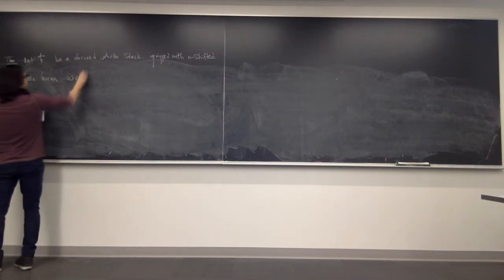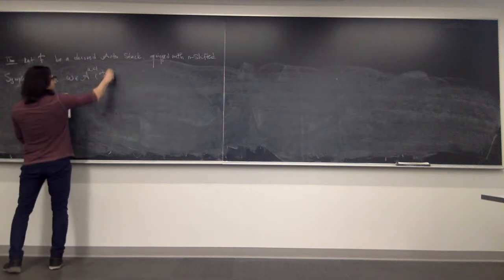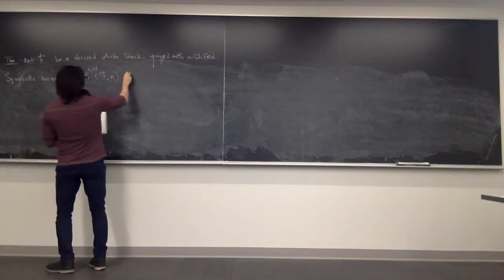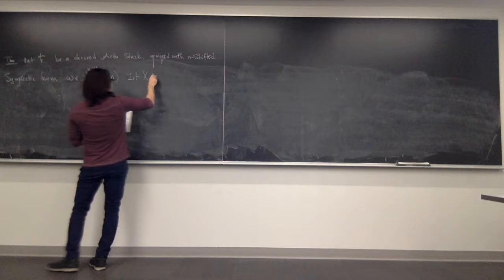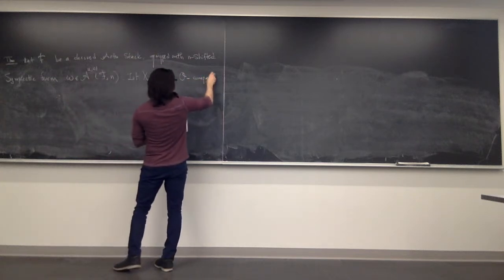Omega is based on two forms of this stack in the dx. Unshifted symplectic form that X and O compact. We describe what these meant.